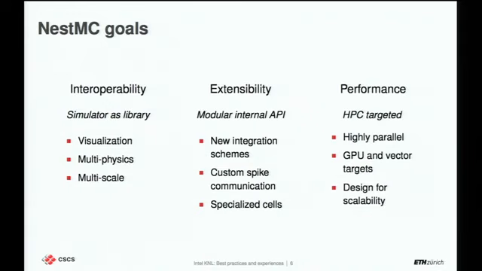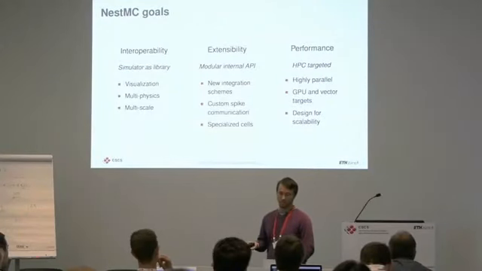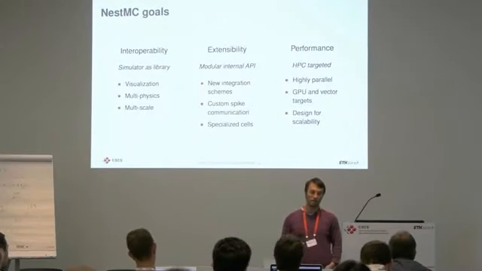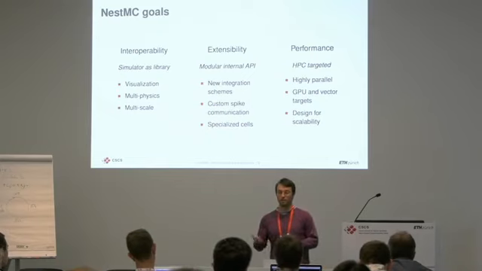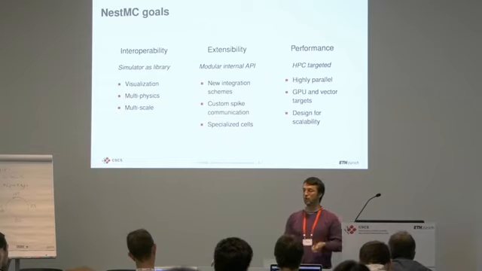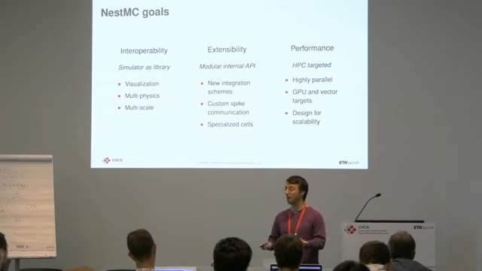So even internally, it's layered. I'm going to show in one of the next slides how this looks conceptually. And of course, the third goal is performance. It's designed from the beginning with the back of our minds on running on new highly parallel architectures.